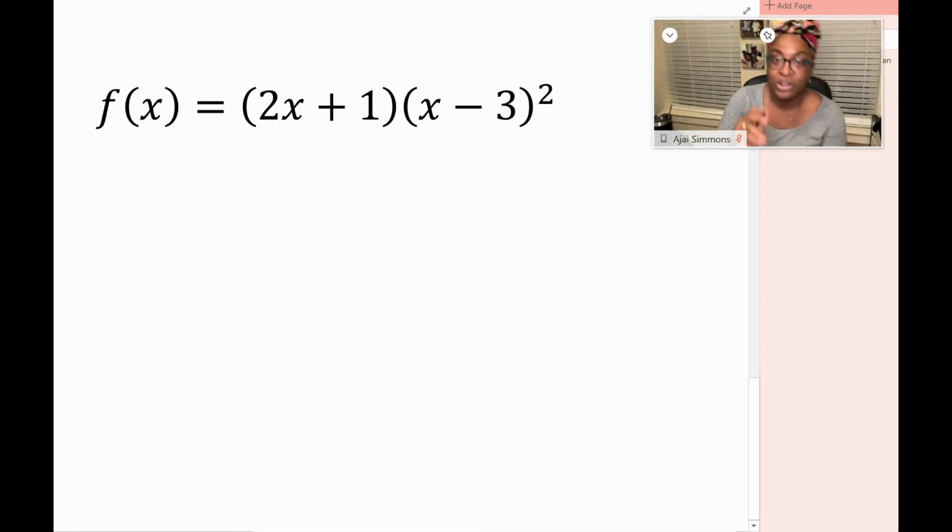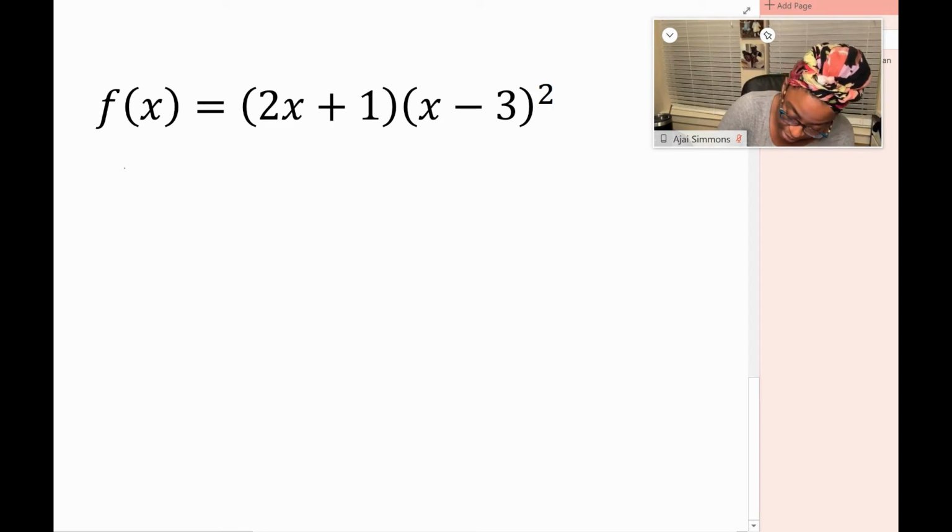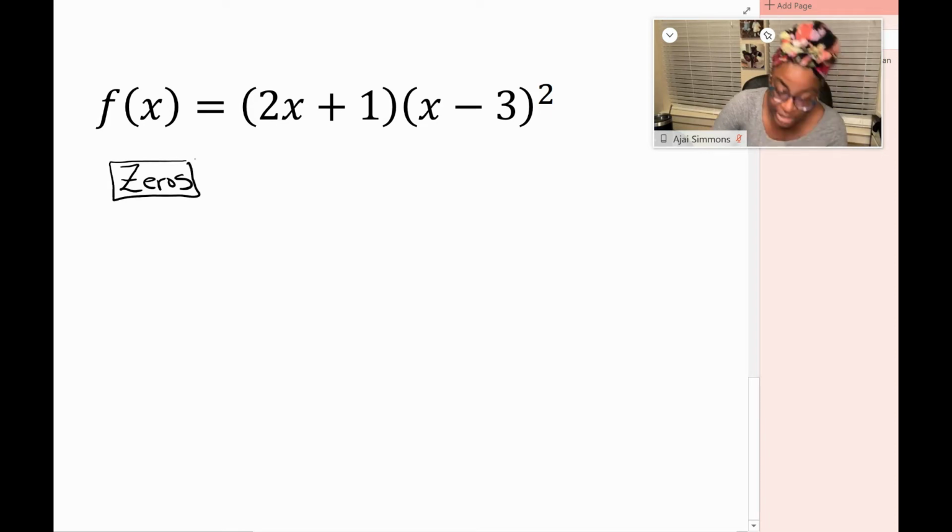So first, let's find our zeros, right? Let's do that in black. Let's find the zeros. To find the zeros, just set each one of your parentheses equal to 0.